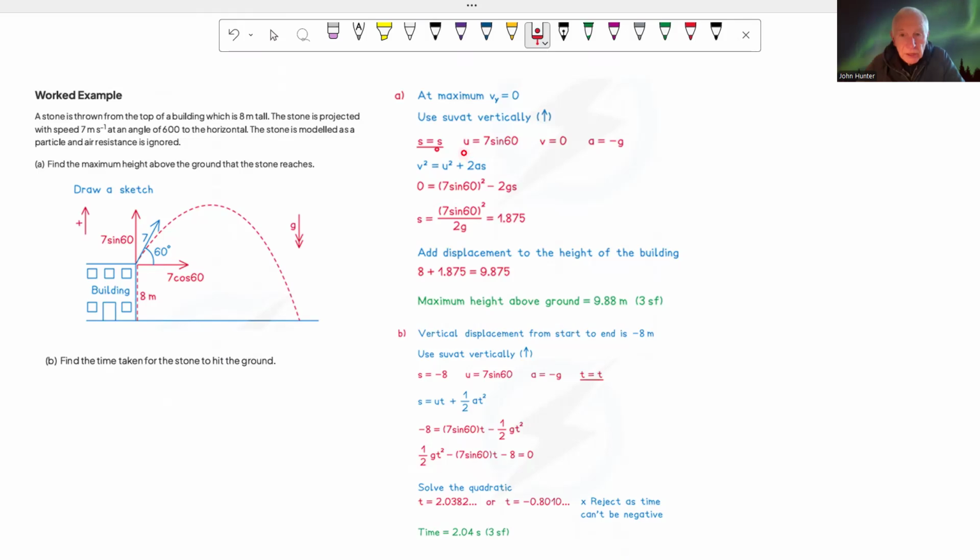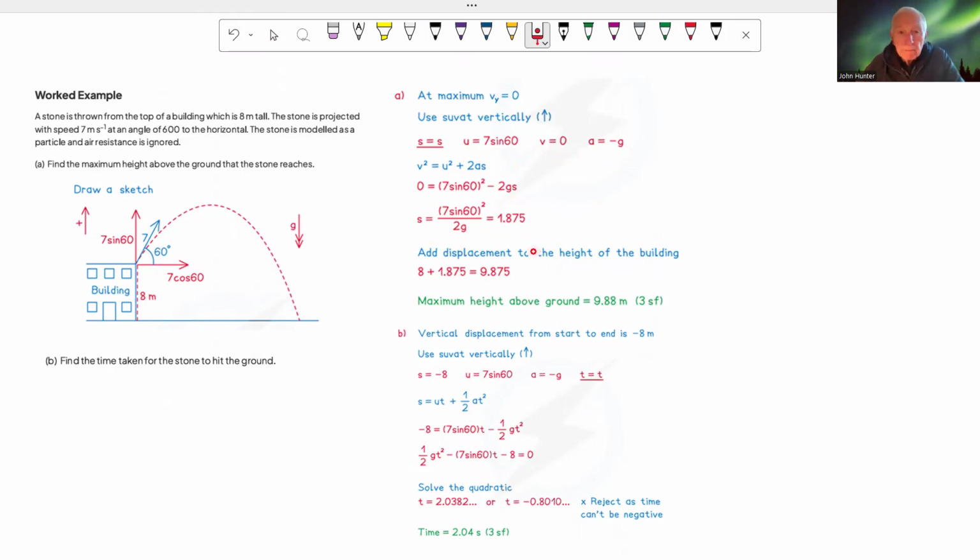We only know it as s. We know u, the vertical is 0, as we've just said, and the acceleration is minus g. So when we plug all those into that equation, we've got an equation in s, which is that. And so that is the displacement above our starting point.